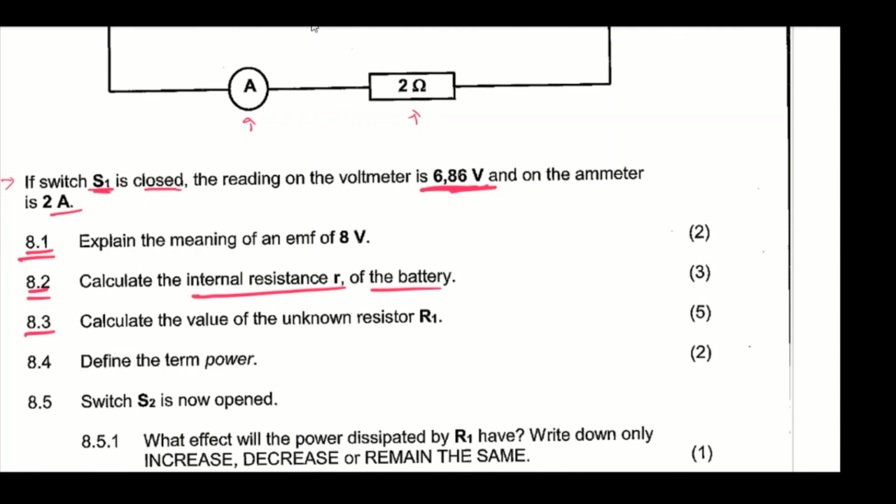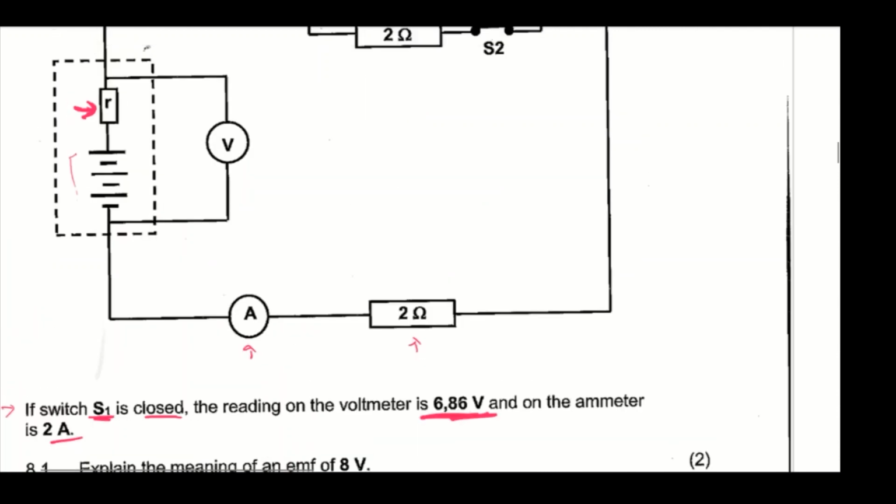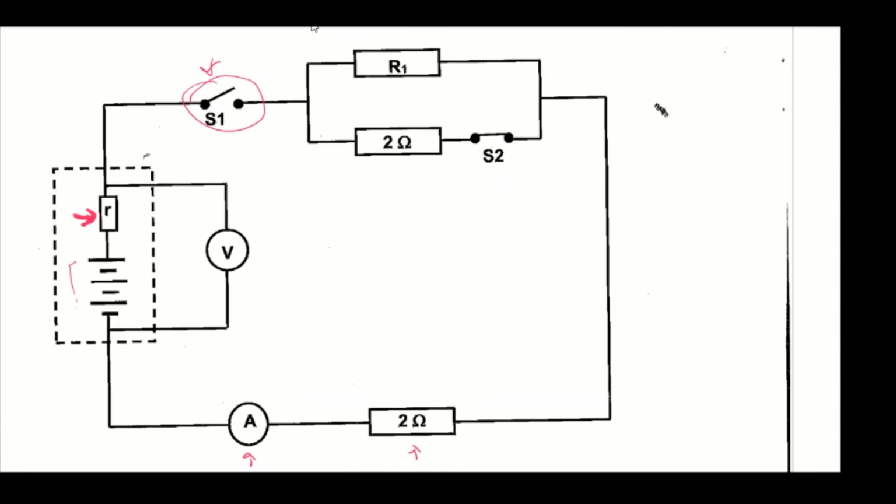Now 8.3 says that we must calculate the value of the unknown resistor R, right? If you look at the circuit, we have this unknown resistor R and all the resistors we have, and now we just calculated the internal resistance, so we just need this R. To calculate this, we need to identify our EMF being equal to I small r plus I large R. So this R is the total resistance, right?